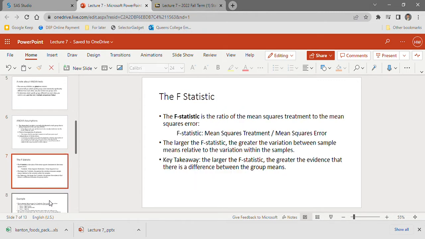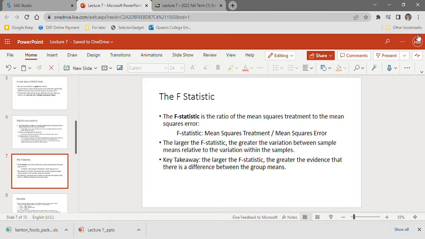Okay, and then just like the t-test had a t-statistic, the ANOVA has what's called an F-statistic, and the F-statistic is the ratio of the mean squares to the mean squares error.